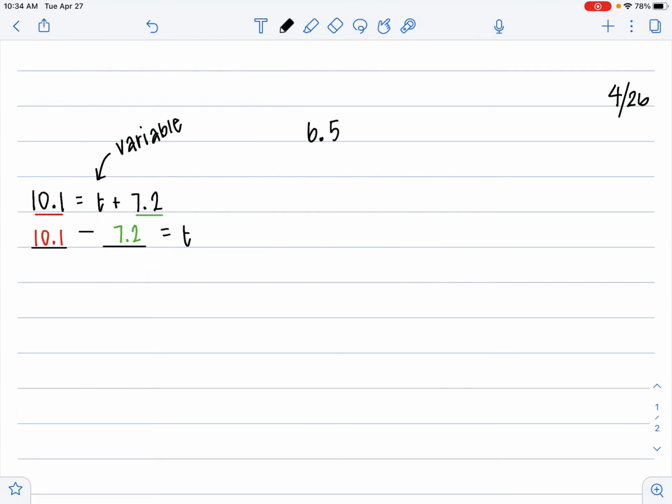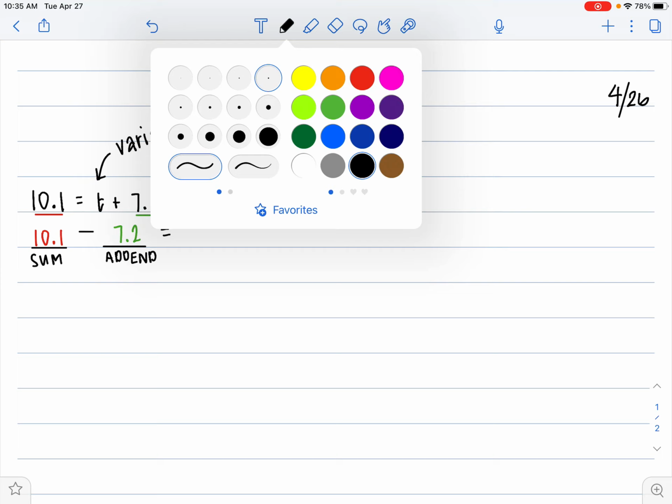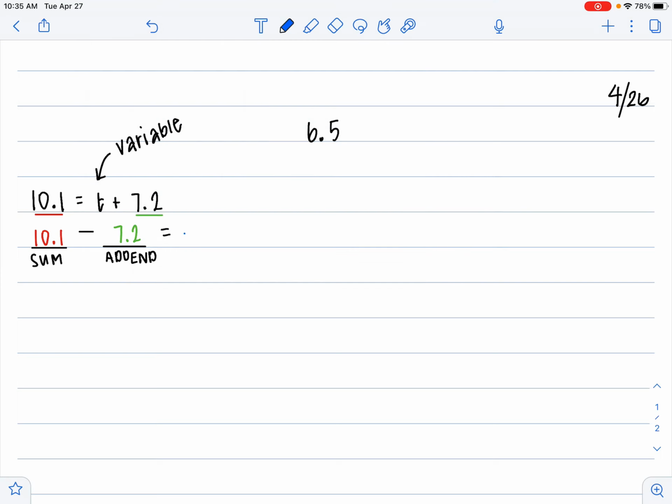So we're taking our sum minus our addend, the number that we are adding that we know. And 10.1 minus 7.2 equals 2.9. Now, we have the solution to our equation.